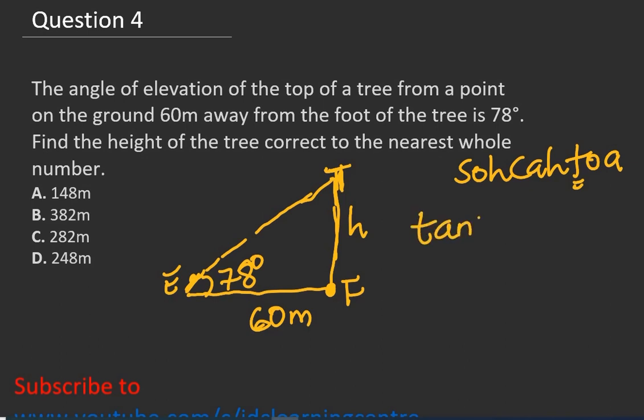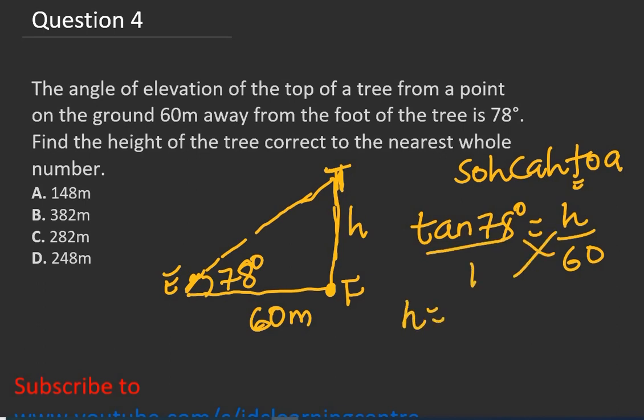Tan 78 degrees equals opposite over adjacent. H, the height, is the opposite. The adjacent is 60. This is over 1, you cross multiply. So the height will give me 60 times tan 78 degrees.